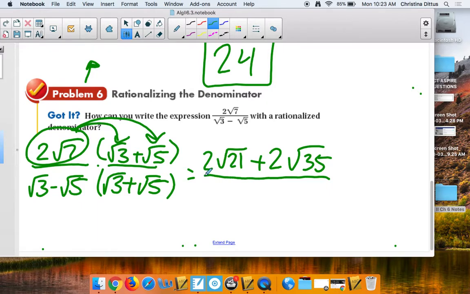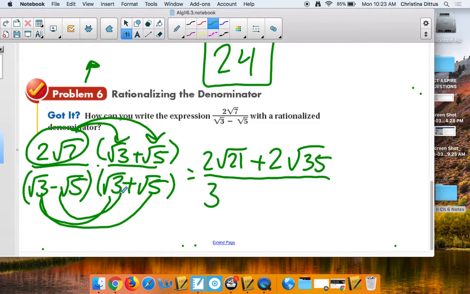On the bottom is where the fun stuff happens. Square root of 3 times square root of 3. 3. Tell me, what's going to happen if I take the square root of 3 times square root of 5 and then minus square root of 3 times square root of 5? They're going to cancel, so are we okay if I don't write that, or should I write that? Don't write it. Are we sure?